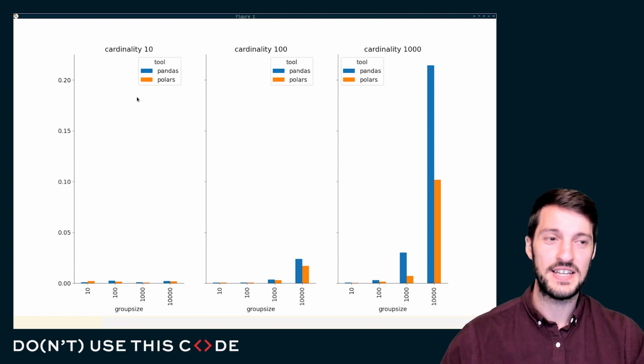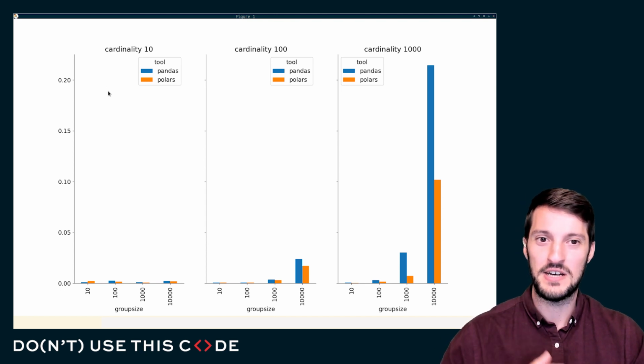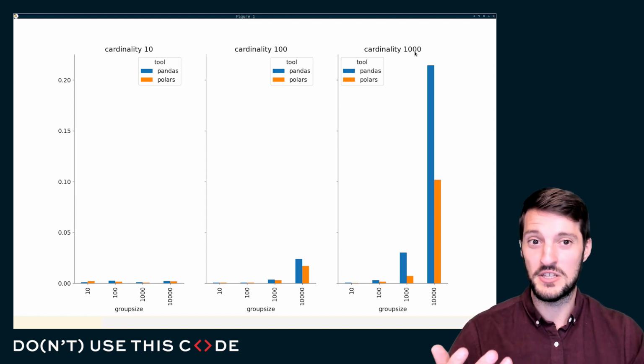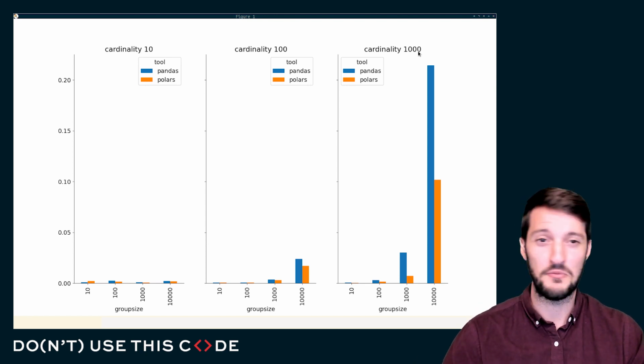For most of the analyses that I'm doing, I'm not working with overly massive data sets. I'll remind you that 10,000 group size by 1,000 cardinality is about 10 million rows here. So this is fairly decent sized data. I wouldn't say this is in the realm of big data by any means. But if all you're doing is desktop analyses, this is probably as big as you're going to see.